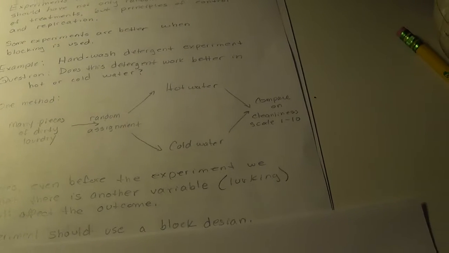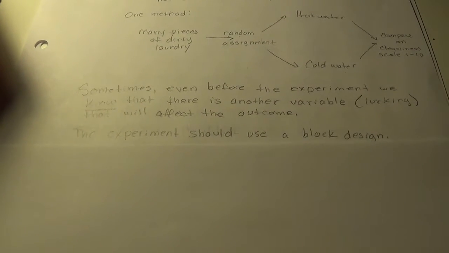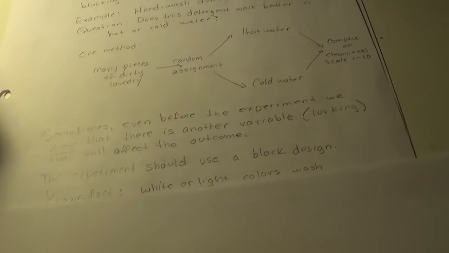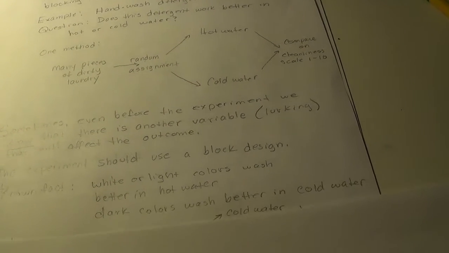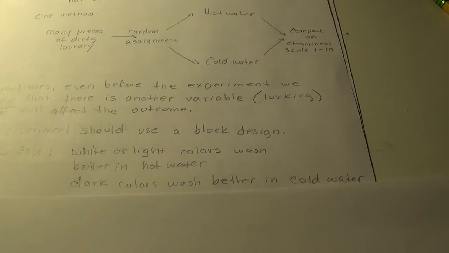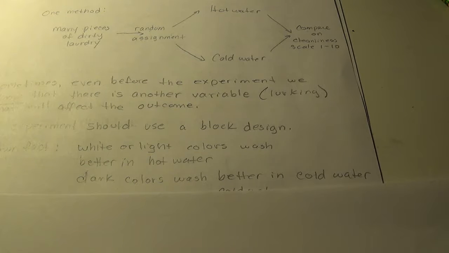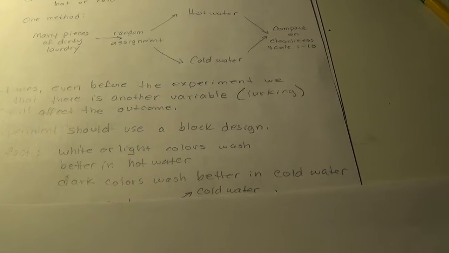Well, the idea is this experiment should use what we call a block design, because it is a known fact that white or light colors, I'll call them white, but there could be light colors, wash better in hot water, and dark colors or bold colors wash better in cold water.